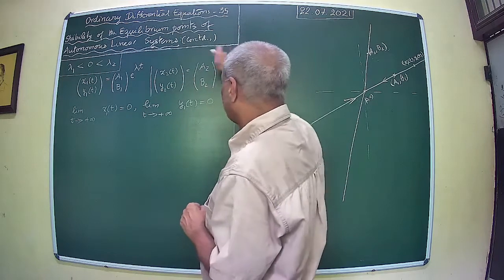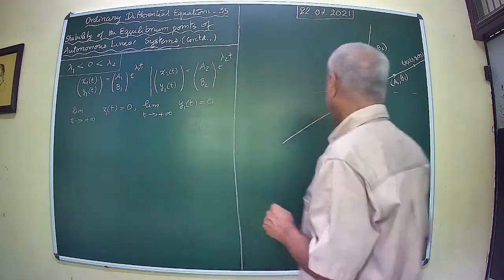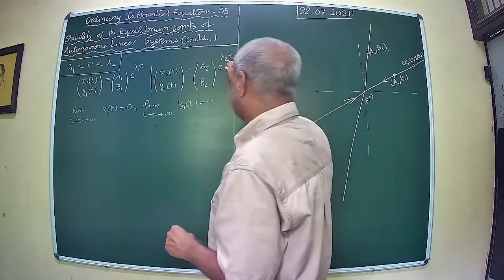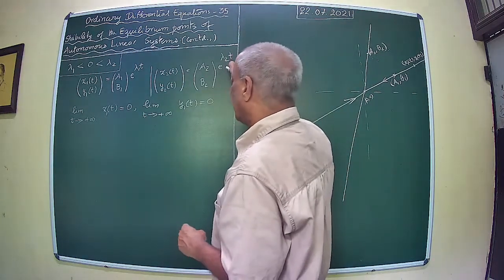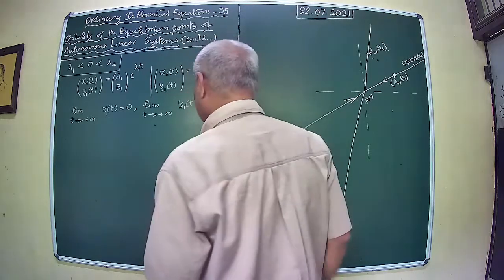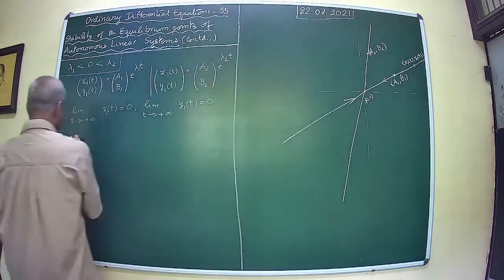Or I can put it this way, as t tends to minus infinity, x2(t), y2(t) goes to 0.